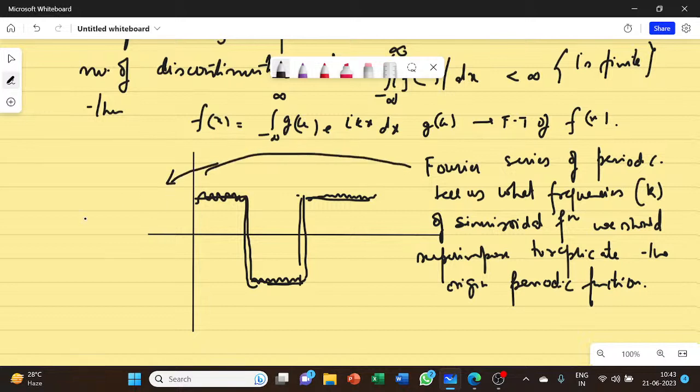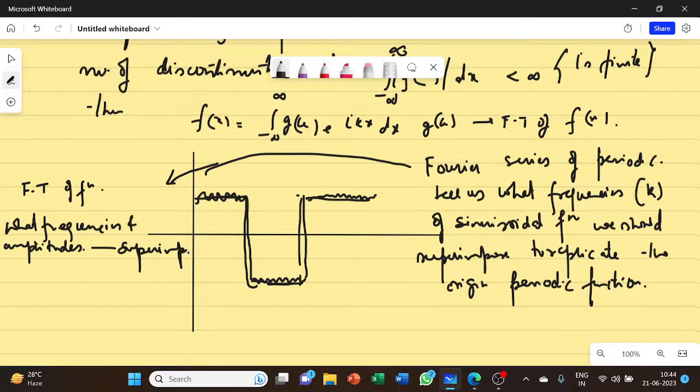So Fourier transform of a function would tell what frequencies and amplitudes, because cn's you have to find, no? So amplitudes we combine, or we superimpose.